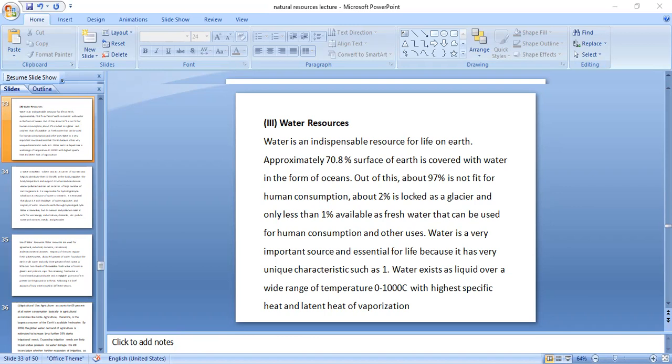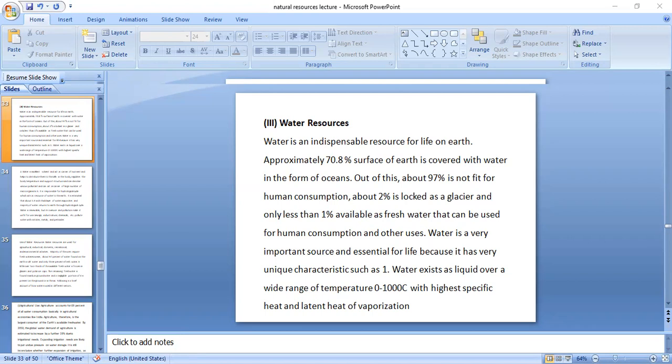Now comes the floods and droughts. Floods and droughts are two well-known natural hazards in the world. The former is due to excess in water flow, and the latter is due to scarcity of water.